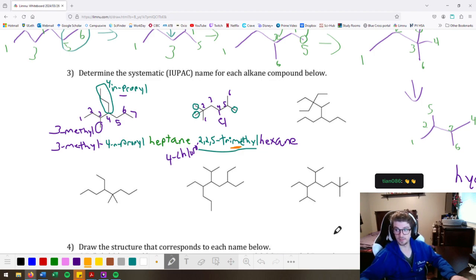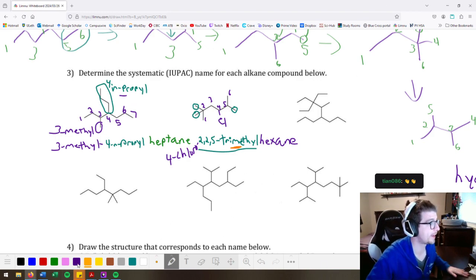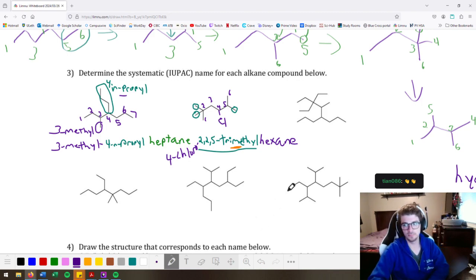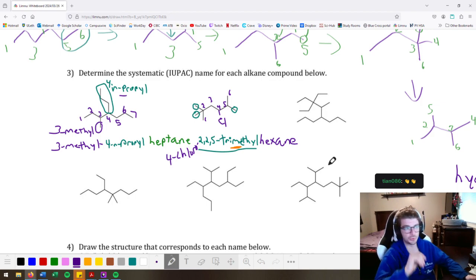All right, moving on from that. I'm going to do this one because I feel like it and there's more room down here. So, once again, we're going to find the longest carbon chain, which is going to be the primary carbon chain.